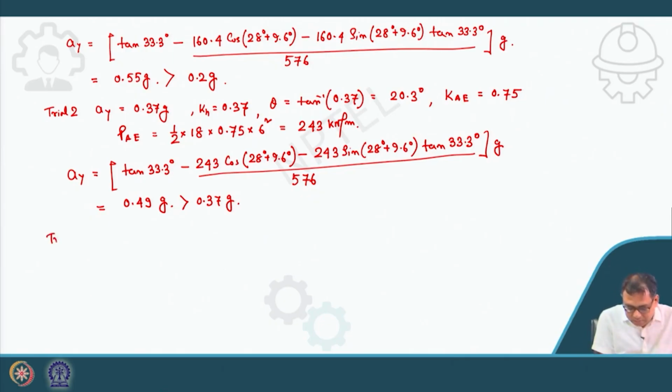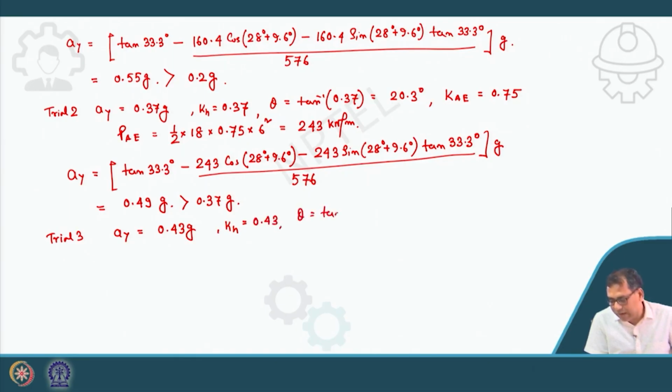So, in trial 3, we assume AY is equal to 0.43 G. Okay. So, my KH is equal to 0.43. So, theta is equal to tan inverse 0.43. So, that is 23.3 degree.